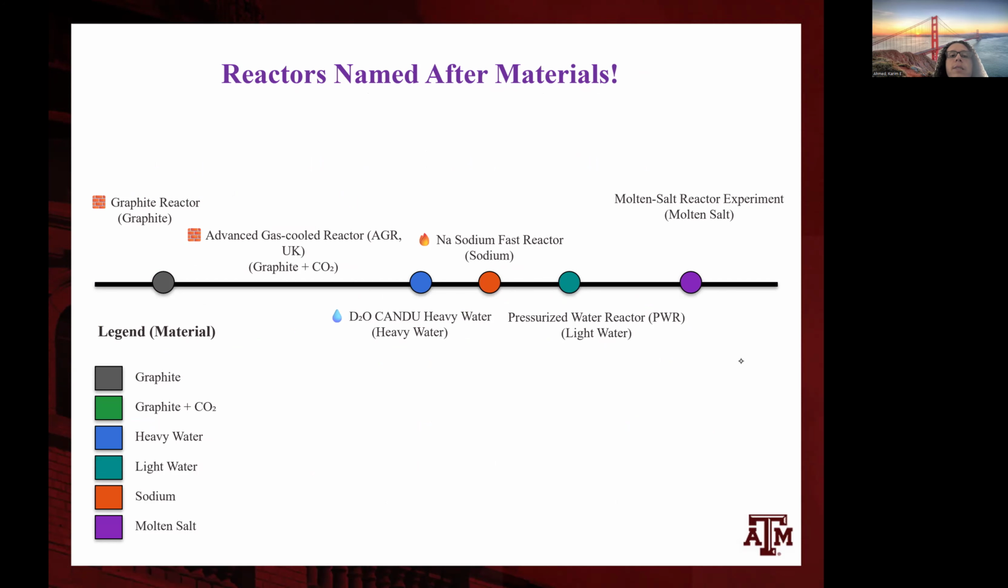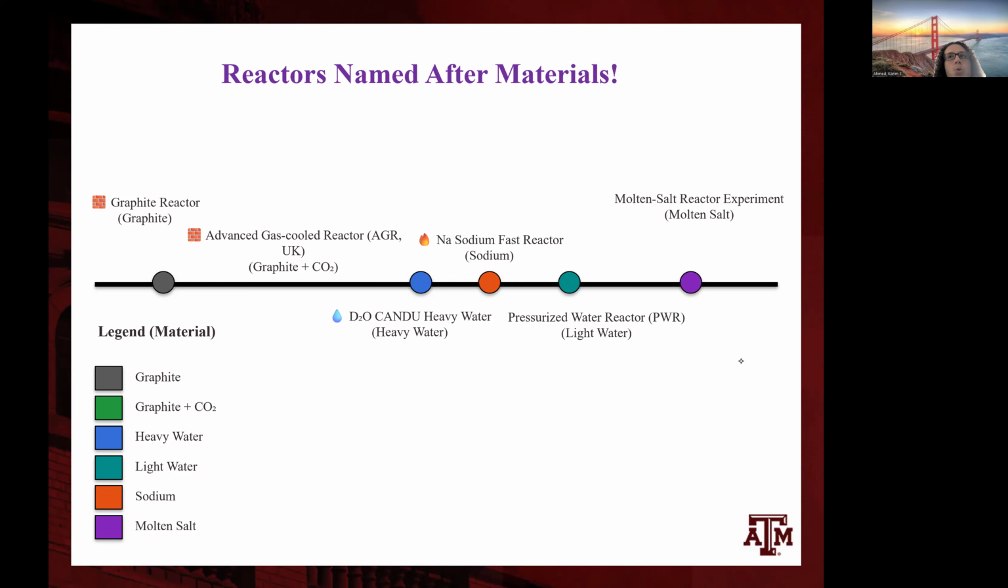Now if we focus on our case, as nuclear engineers, it's very clear. One interesting fact to notice is that many reactors, even current reactors, are usually named after materials that are used in those reactors.